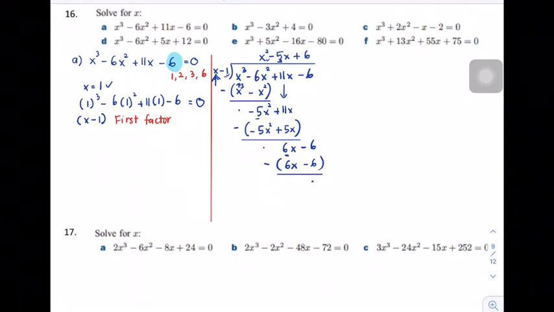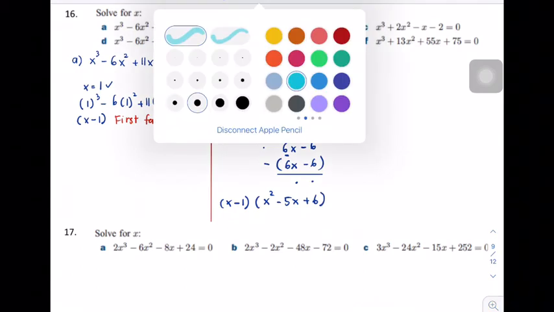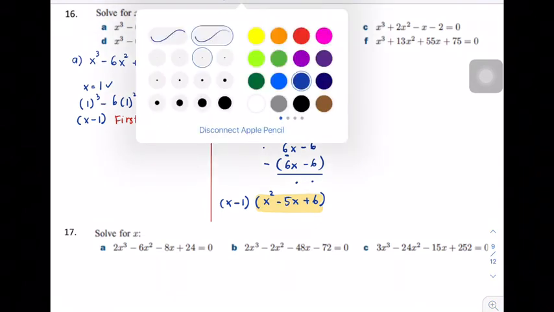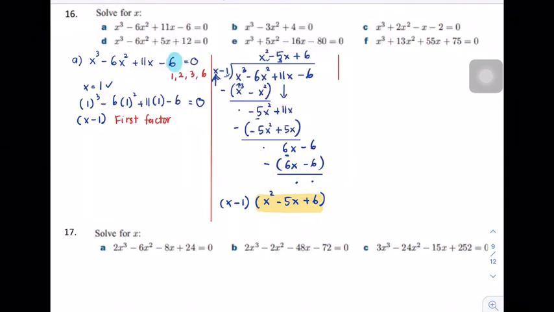Okay, minus, 0. So we have x minus 1 times x squared minus 5x plus 6. Okay, so now we have the quadratic equation. So from the quadratic equation, we can factorize.